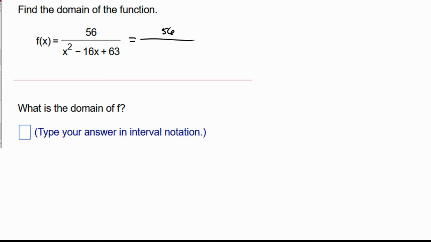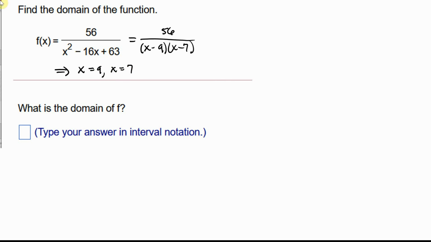So I'm going to factor this if we can. So this implies that to make this function undefined, x would have to be equal to 9 and x equal to 7.